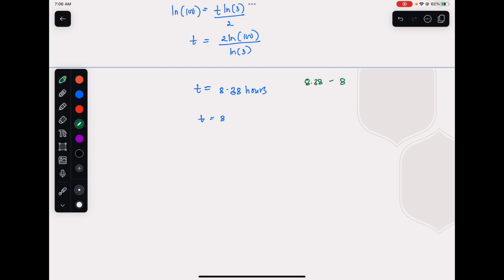So 8.38 minus 8, we have an excess of 0.38. That means 0.38 or 38% of an hour.